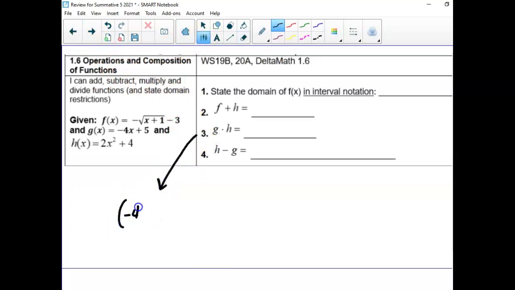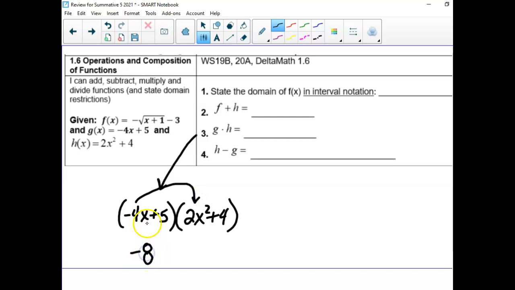It says g times h. Okay, so if I do negative 4x times 2x squared, that is a negative 8, but an x times an x squared is an x cubed. Everybody with me here?